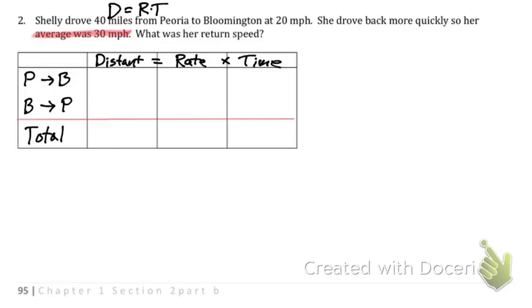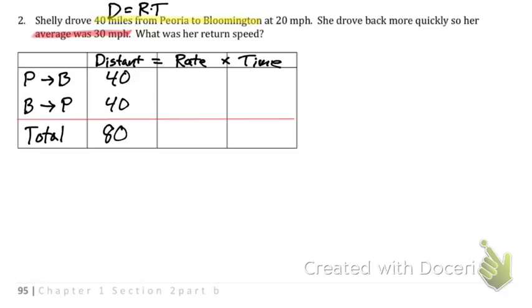All right, let's go back and start filling some information in. The first thing is Shelley drove 40 miles from Peoria to Bloomington. So we have 40 miles from Peoria to Bloomington. Now, they didn't say she took a different road home or anything, so we can assume that coming back was also 40 miles, which means our total distance would be 80 miles.